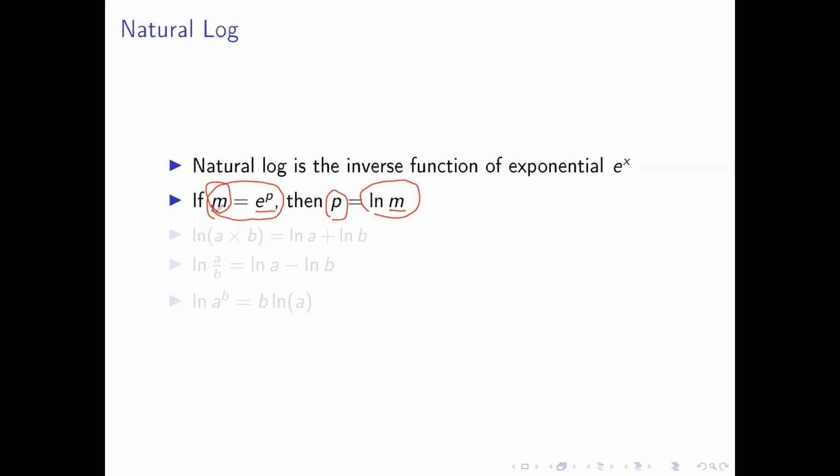We say, well, we know the base is e, and we know the final product is n. But what is the power that I should raise e to so that the final answer is n? Well, if we know the first part, then we know that answer is p.